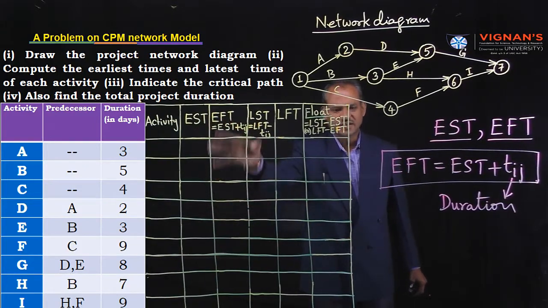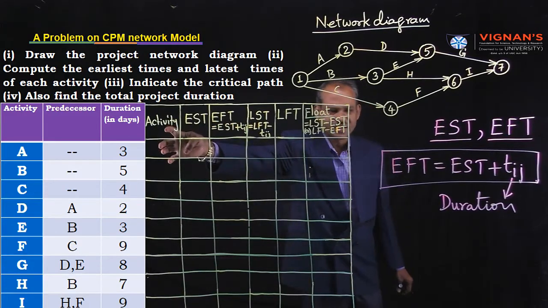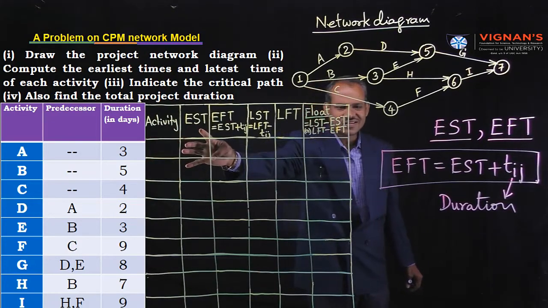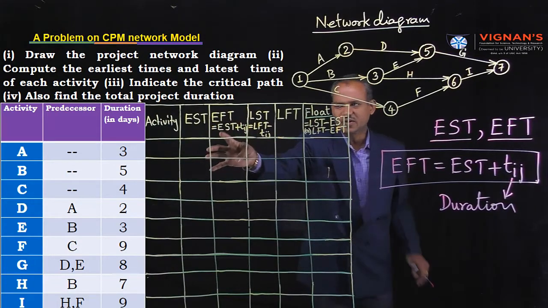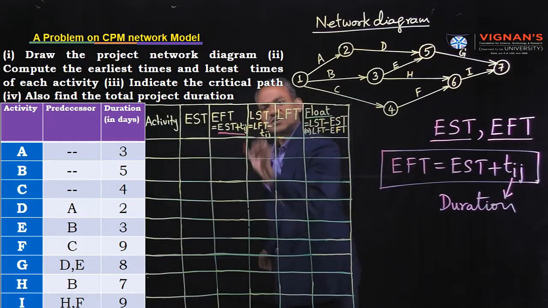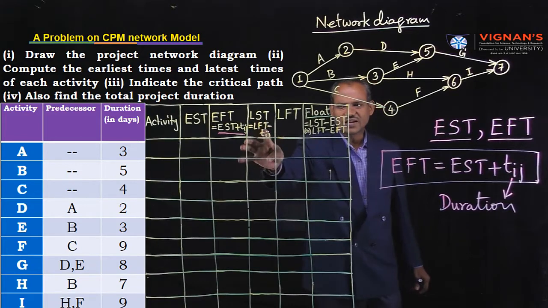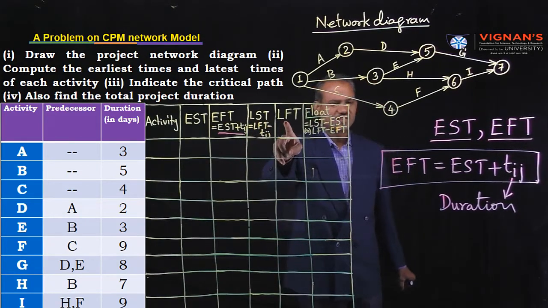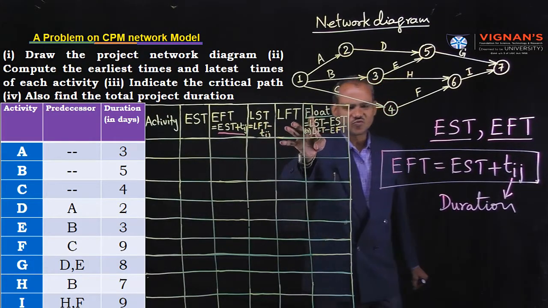Okay, all the earliest times. Prepare a table like this. First activity, next duration of that activity, next EST, earliest start time, next earliest finish time. Formula I have written here: EFT is equal to EST plus activity duration. Similarly, LST is equal to LFT minus activity duration. Next, this is LFT. The last column indicates float.